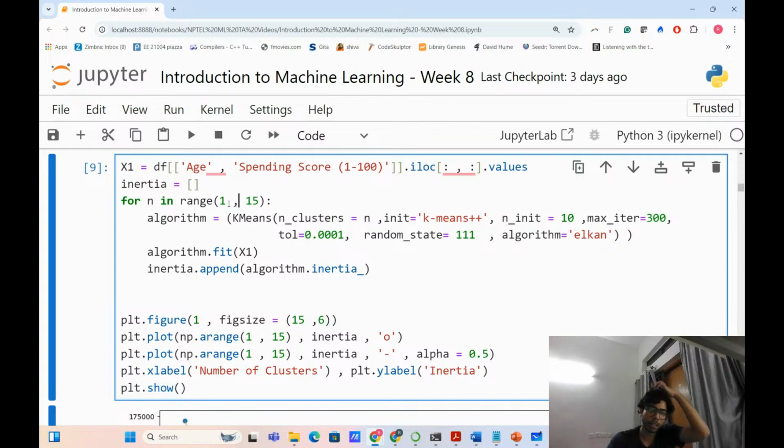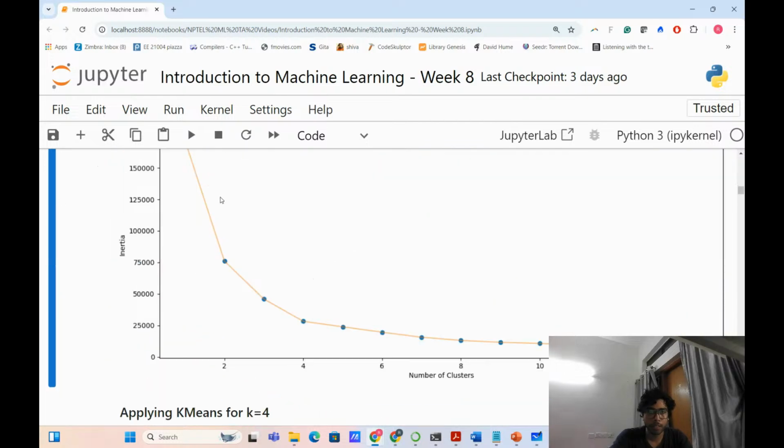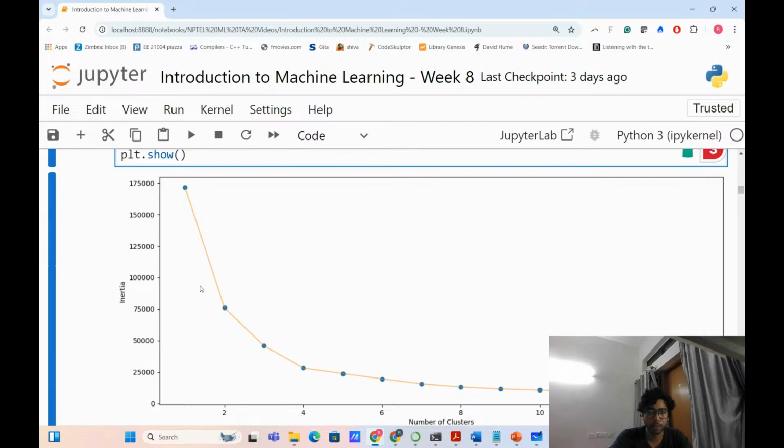In the first iteration we are doing one cluster, then two clusters, and so on, right? These are some of the parameters that you should see, okay? And we are fitting and making this elbow plot that we talked about earlier. If you see here, the elbow is forming at somewhere around 4, right? So 4 is the optimal number of clusters.